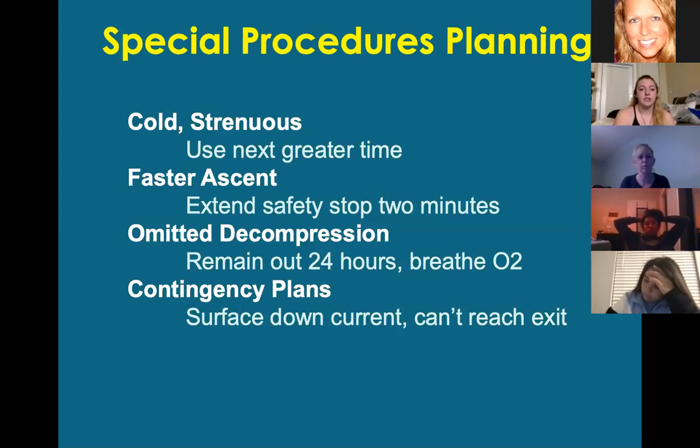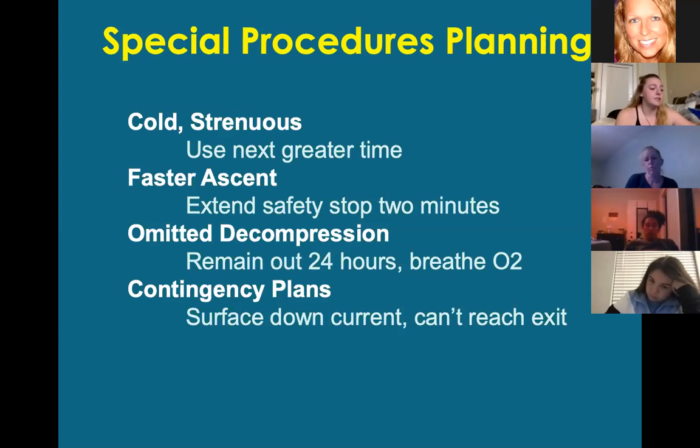Omitted decompression. If you do use table D for dummies and you didn't do your decompression stop, say you were at 110 feet and didn't have enough air to do your required decompression stop, you have to stay out of the water for 24 hours and breathe pure oxygen during that time.